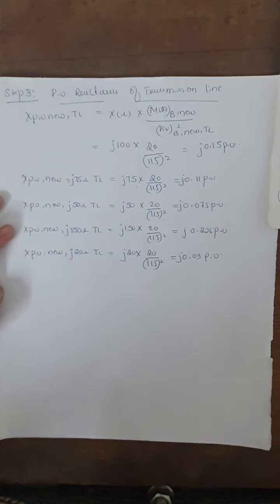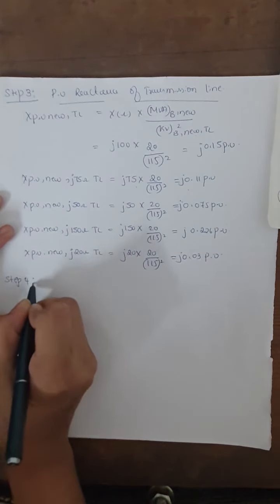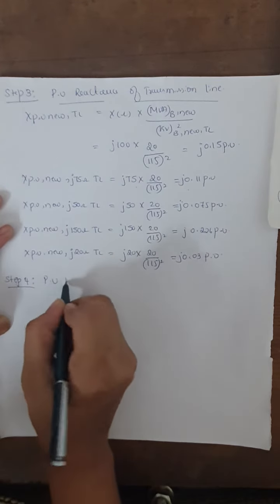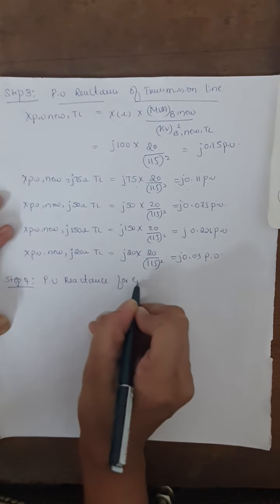Now proceeding with step 4, that is the per unit reactance calculation for all the components in the given single line diagram excluding the transmission lines. First we'll calculate the per unit reactance for generator 1.